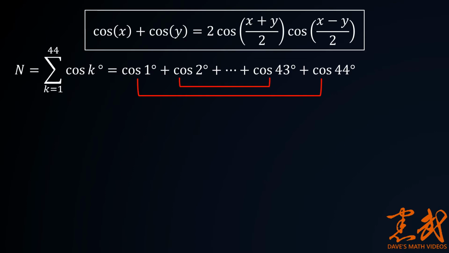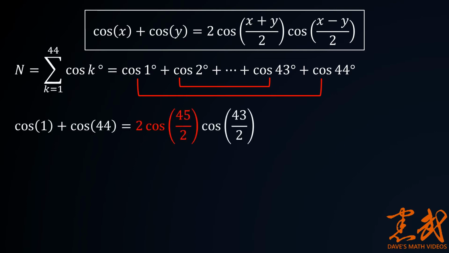Both of these would give us the cosine of 45, and therefore we can rewrite this in the following manner. We can write cosine of 1 plus cosine of 44 is equal to 2 times the cosine of 45 over 2 times the cosine of 43 over 2.